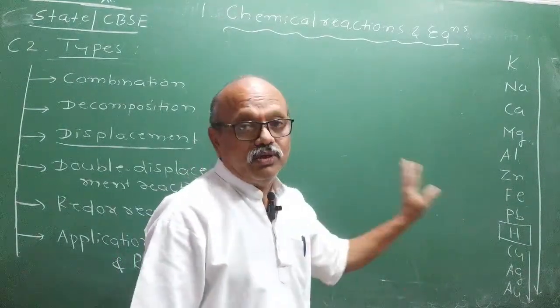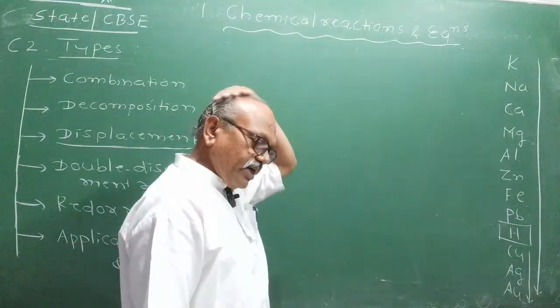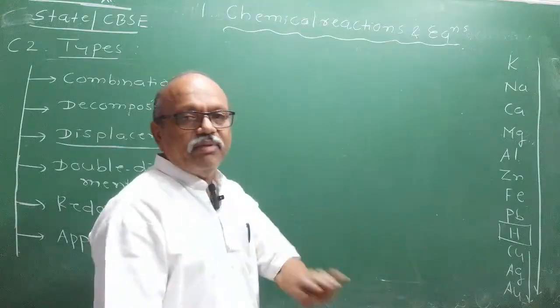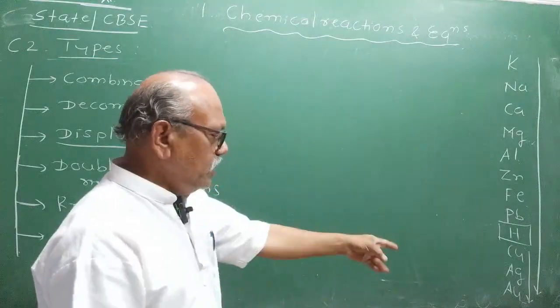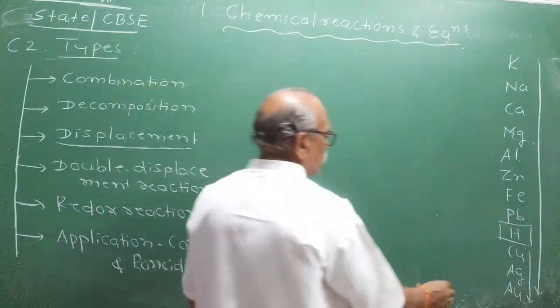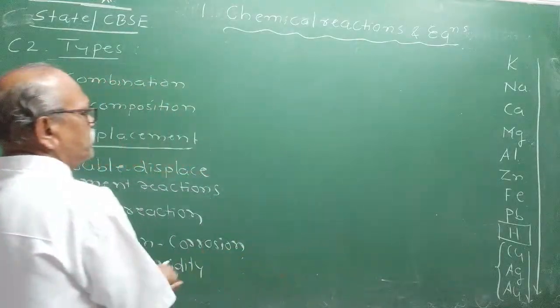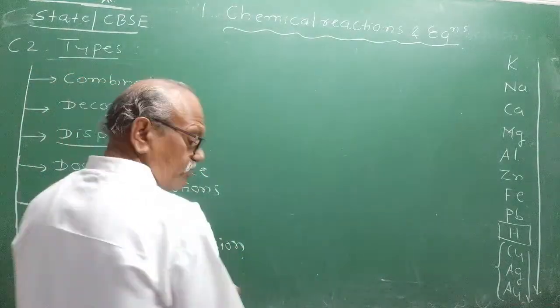Gold cannot rust, cannot undergo corrosion because it is chemically totally inactive. Therefore, they are called noble metals. And copper, silver, gold are also called coinage metals. Just for your information, I am telling you. So, move on to the next one.